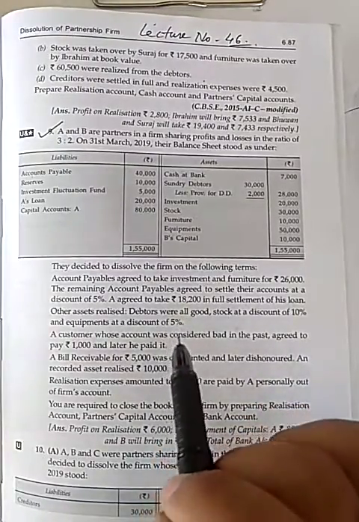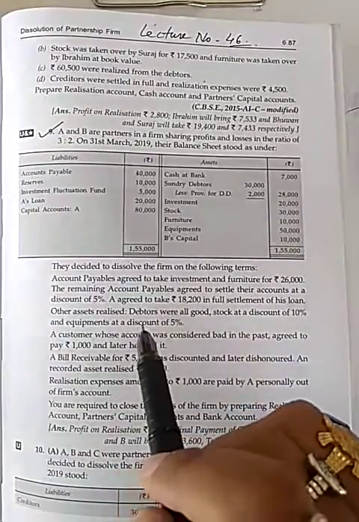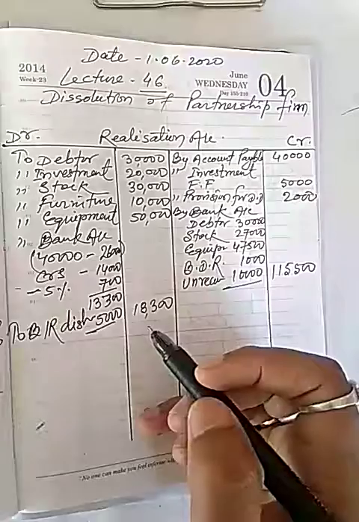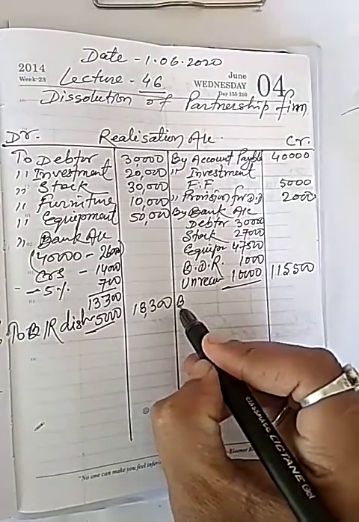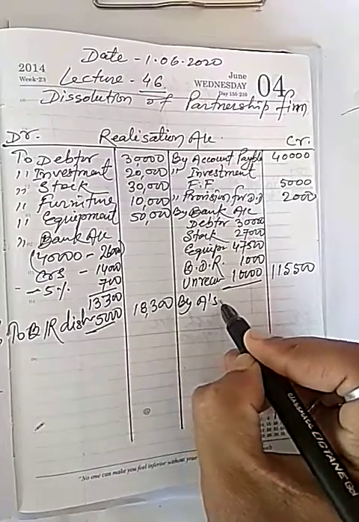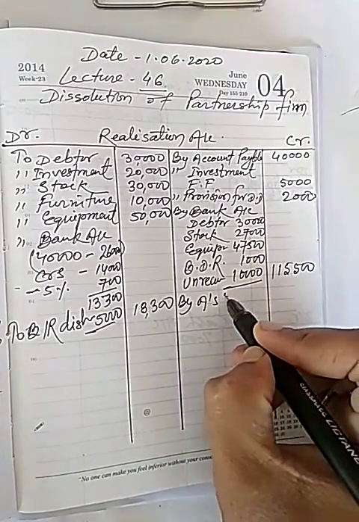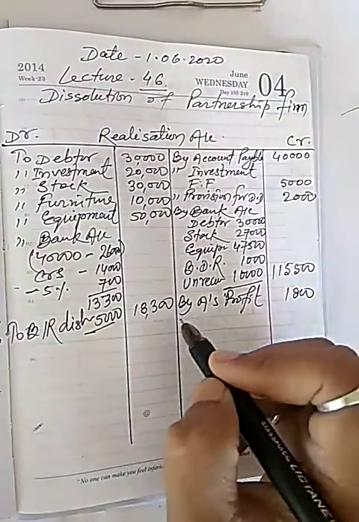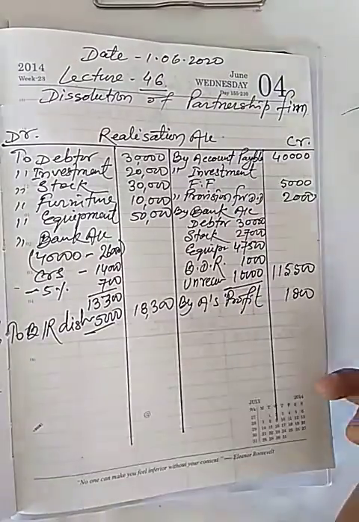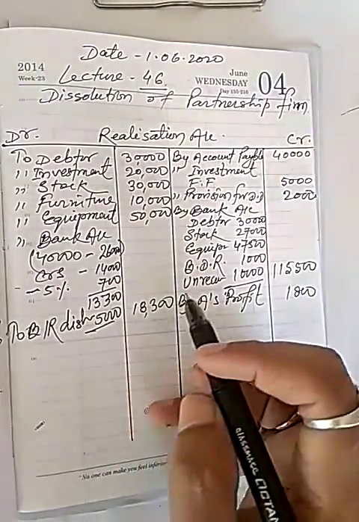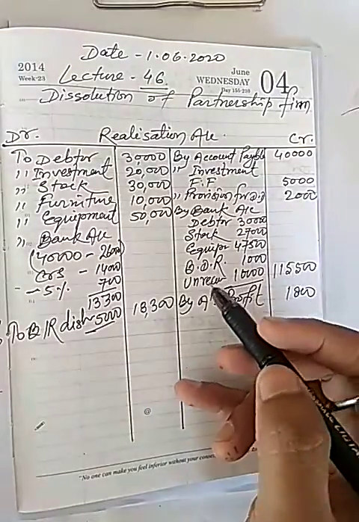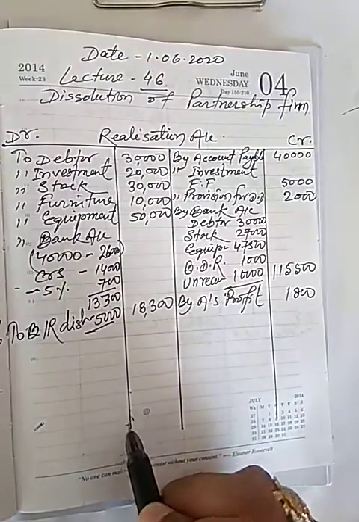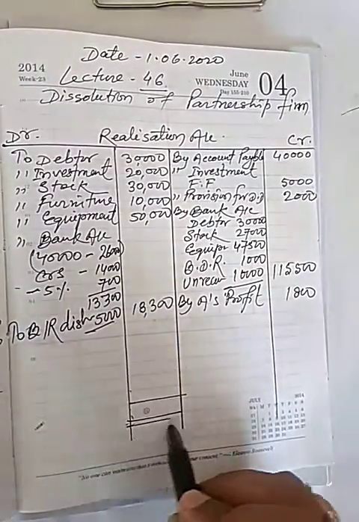So I will put the profit in credit side of realization account by A's loan profit 1,800, and now nothing extra is given related to realization account, so I will calculate balance of realization account.